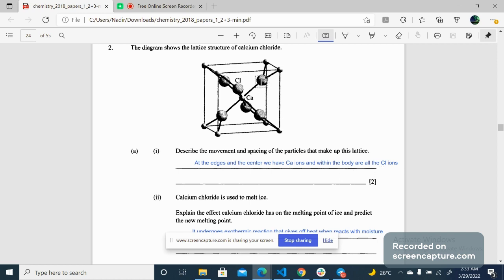So these bigger ones that you can see with my cursor, this one is a chlorine ion. This also is chlorine, this chlorine, this chlorine, and the rest, including all at the edges and at the center, are calcium ions. So this is how they are arranged in making up the calcium chloride compound.